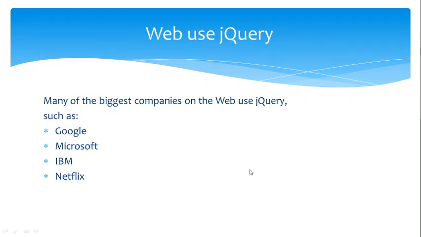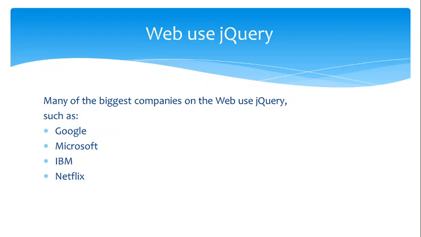Now, many of the biggest companies on the web use jQuery, like Google, Microsoft, IBM, Netflix. These are big companies and they are using it. Why are they using it? Because it is write less, do more, and it will work fast on the internet.